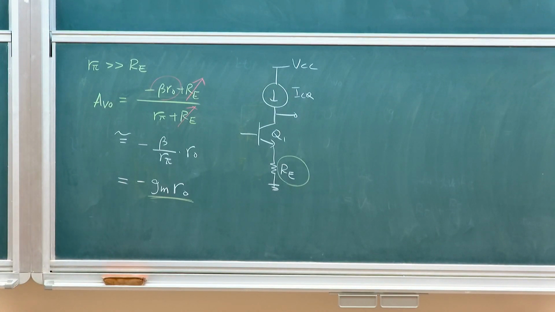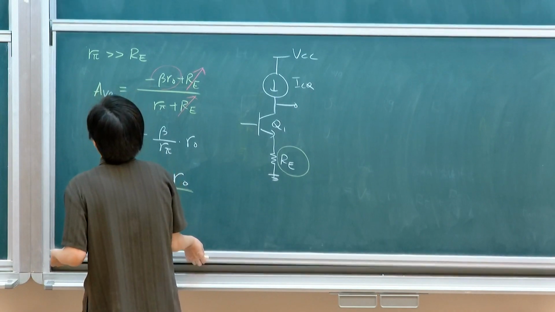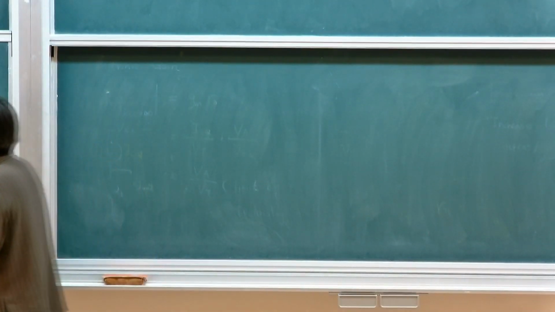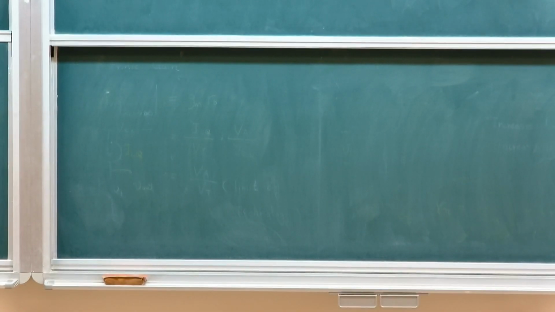You still have very high gain. The reason for this is we need to look at other parameters. One of the problems with having resistors at the bottom of a transistor is an amplification of output resistance. Let's look at that in a bit.